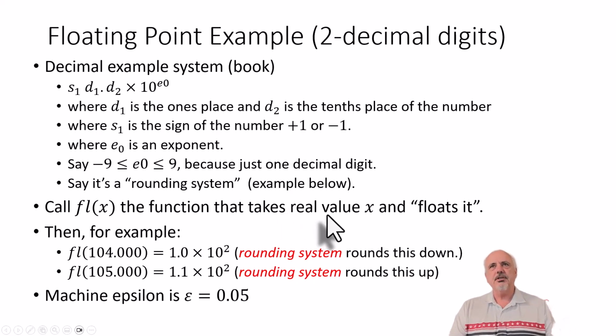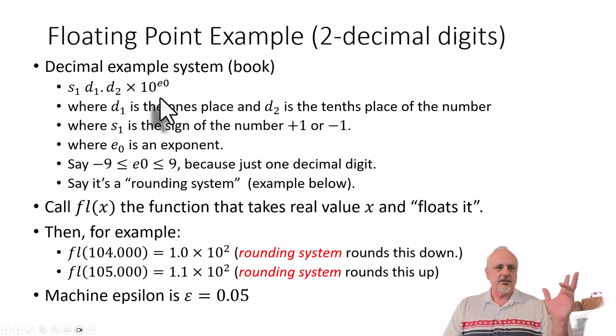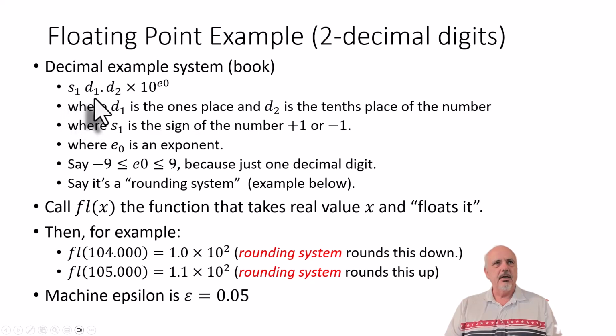So the two-digit decimal system that's in the book looks like this. You've got a sign, plus or minus 1, you've got a first digit, a decimal point, and then a second digit, and then you have an exponent that goes with 10. The power of 10. So E naught is the power of 10 that you're going to be using for the particular number.